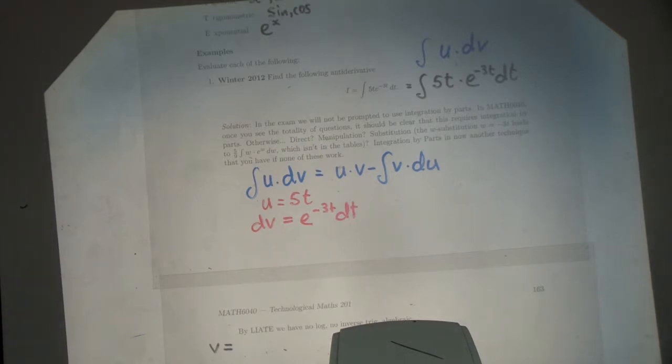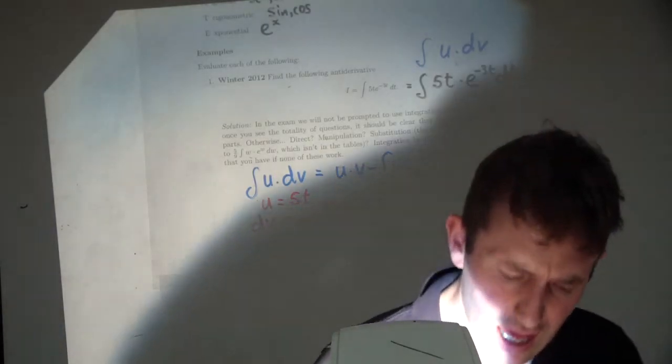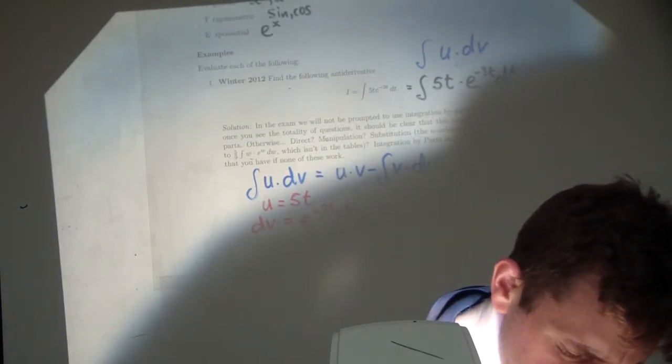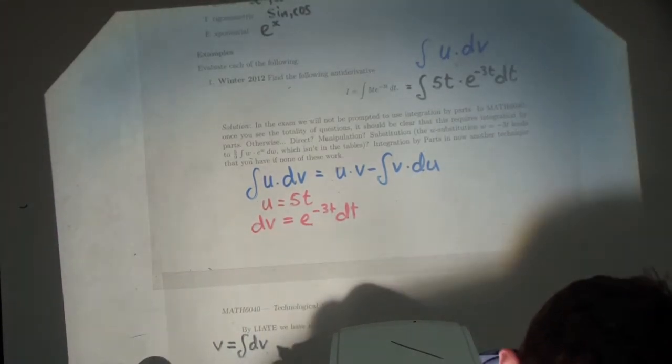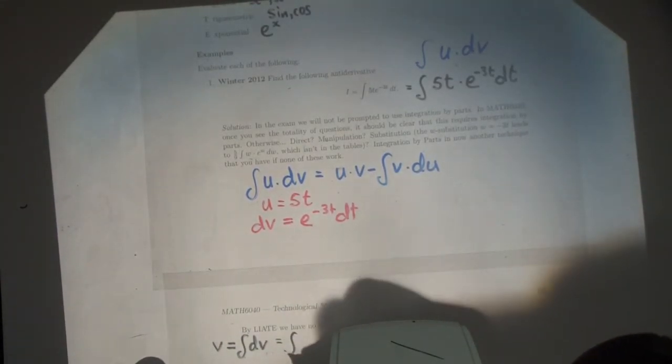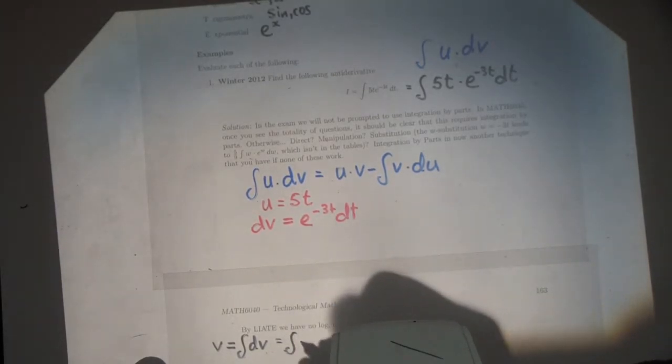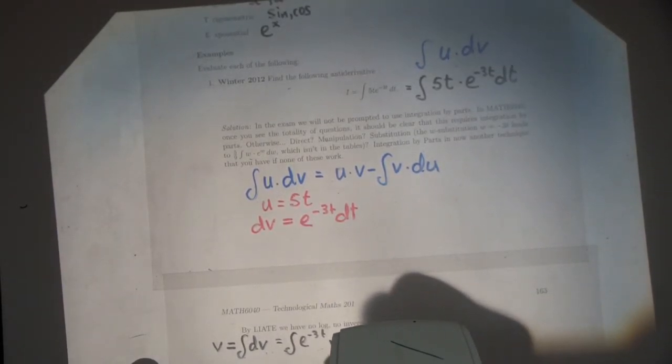So v is the antiderivative of dv. We'll explain that particular line probably after the break. So the antiderivative of dv is e to the minus 3t dt.